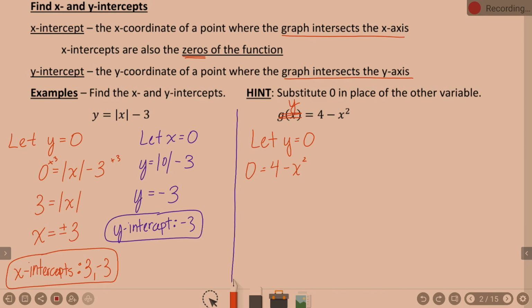Since there's a minus x squared and we're trying to get these on opposite sides, I'm going to suggest we add x squared. If we add x squared on one side, we add x squared on the other side. If you add x squared to 0, that's just x squared. The 4 is still over here, and the x squareds cancel.